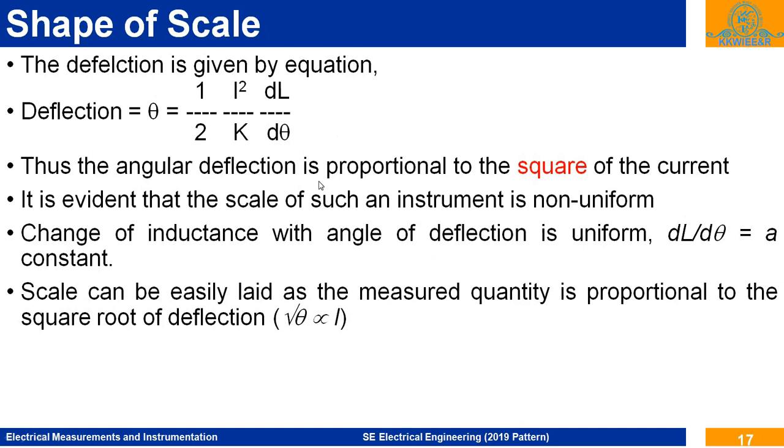As the magnitude of current to be measured is changed, there is a change in the current I square, a change in inductance, and a change in theta, the angular movement of the spindle. Thus the angular deflection is proportional to the square of the current.